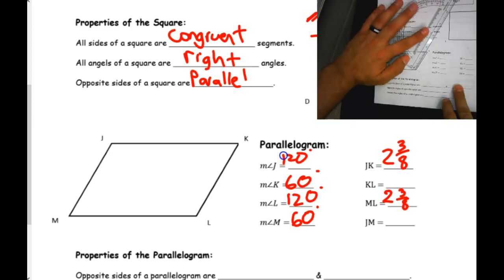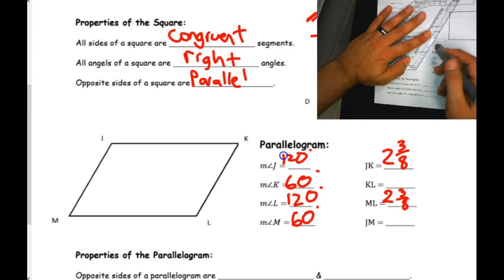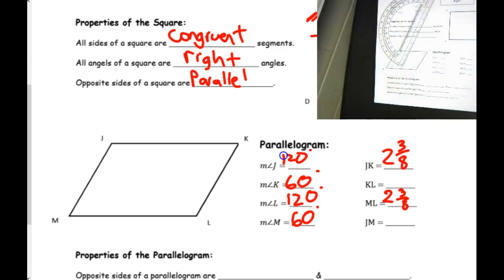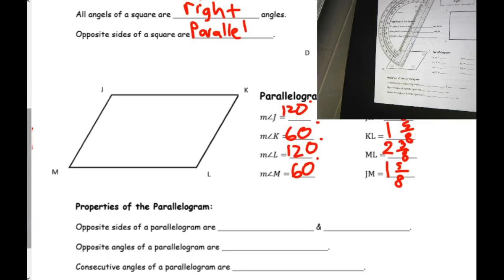And then measuring LK is about 1 5/8. Sure. Same thing with JM, 1 5/8. Okay. So in a parallelogram, which we had that really fun song. Y'all remember that song? You want to sing it? Why not? All right.